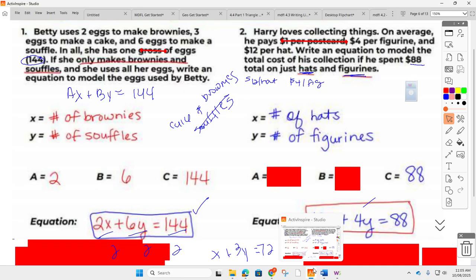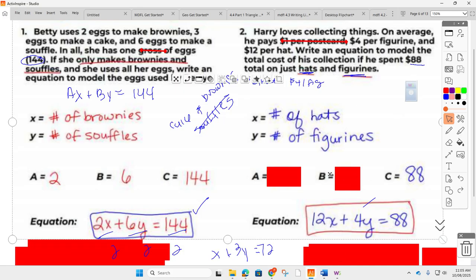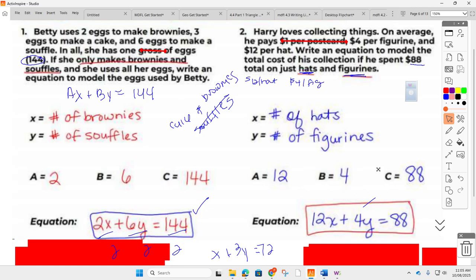So could I have written 4 again? Yes, you could. If you define x as figurines, you could say 4x plus 12y. I didn't actually write it this way; somebody else wrote it down and I just used it.